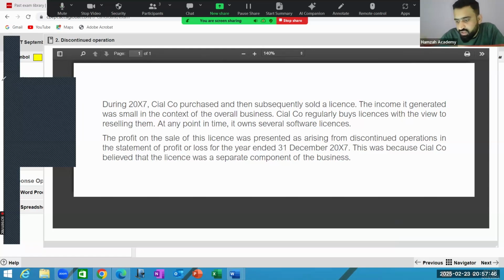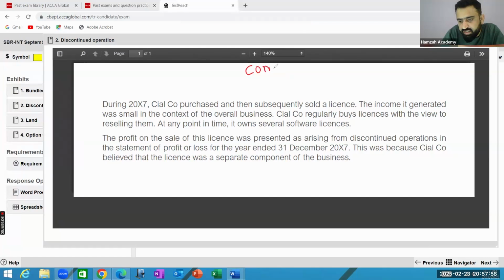Definition. Now, the definition of the discontinued operation, I will write in steps. Number one, a discontinued operation is basically a component of the entity, first of all. Now, what is the meaning of a component of the entity?